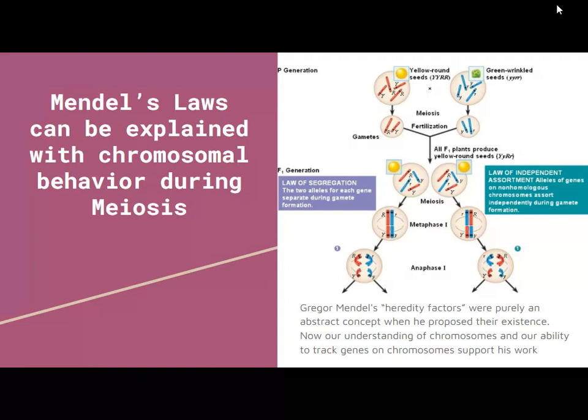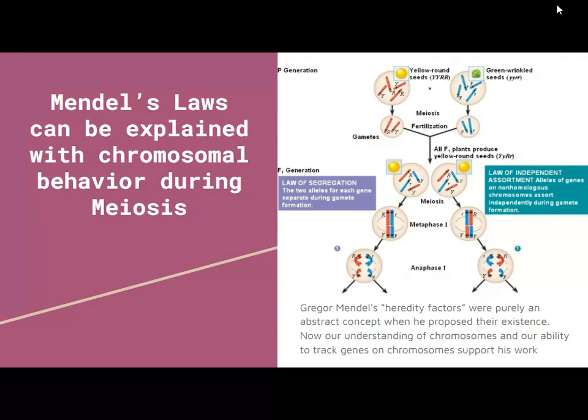So the two genes are separated completely, just like Mendel said. And when we are undergoing meiosis, we have completely different alleles on different chromosomes, right? We've got one allele on one homologous chromosome and one allele on another homologous chromosome. They're not together, they are two separate entities. So our understanding of homologous chromosomes gave us that one.